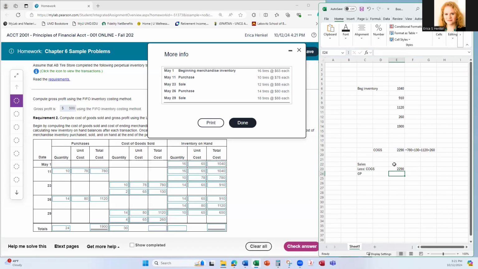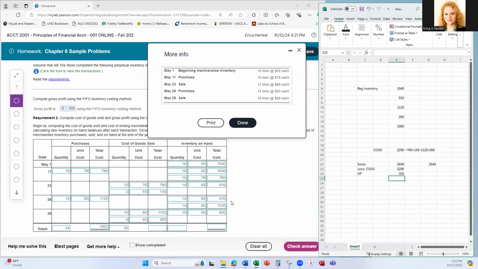All right, and then our sales are going to be, again, the same sales we had above. I should have left those here. So 30 tires we sold, all of which were sold at $88. So $2,640 for sales, less $2,290, gets us a gross profit of $350.